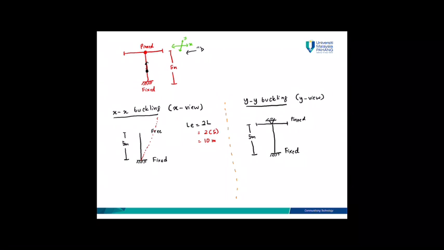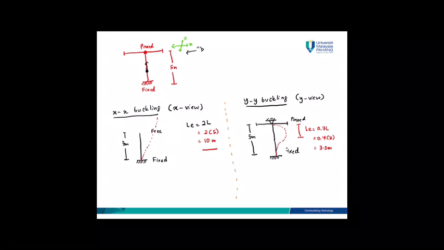And for buckling shape, from pin go down to fixed, and this is your LE equal to 0.7 L, which is 0.7 times 5. LE for pin fix for Y buckling is equal to 3.5 meter.